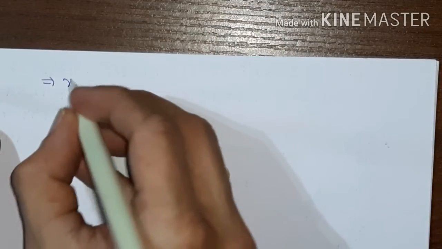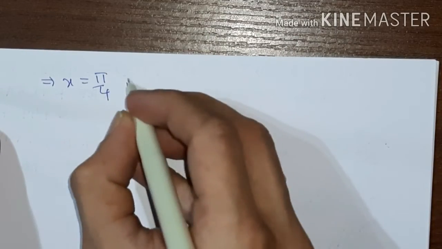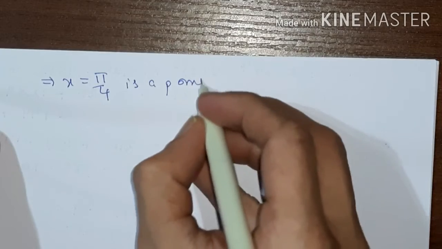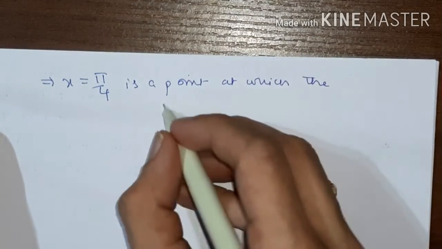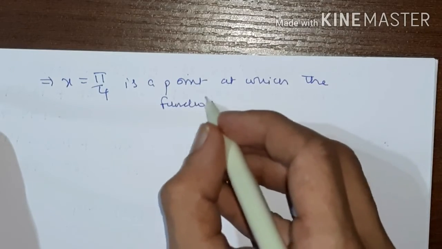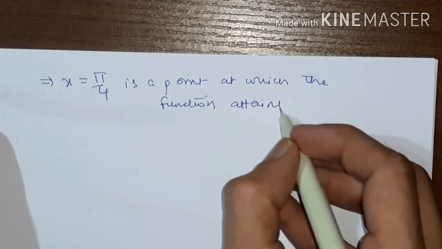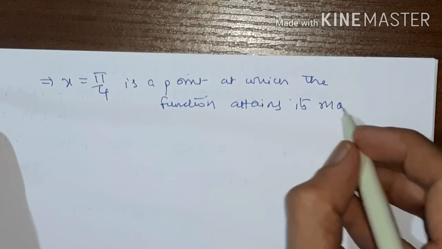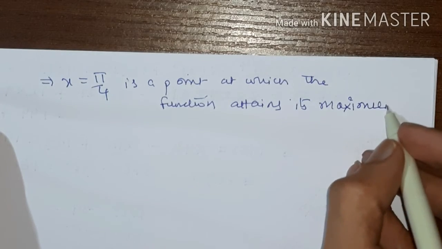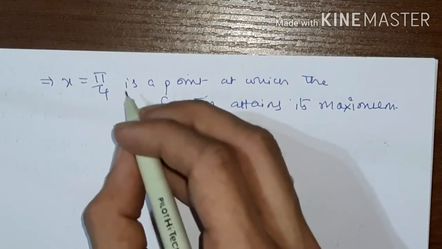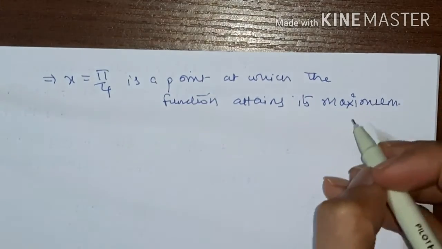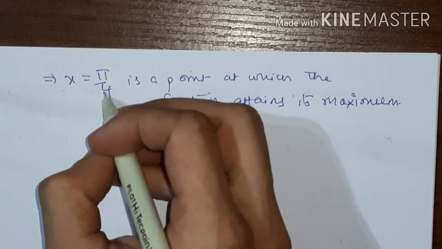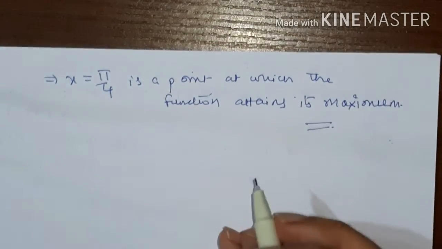So this implies x equal to pi by 4 is the point at which the function attains its maximum. The maximum value is 1, but the point at which the function attains its maximum is this pi by 4. So this is the answer.